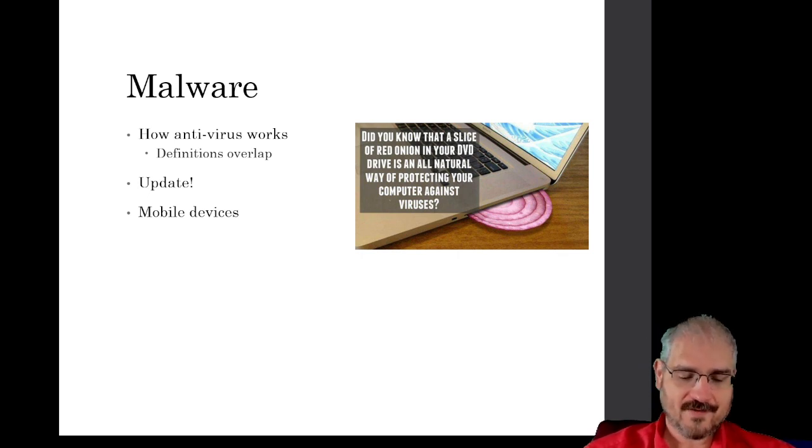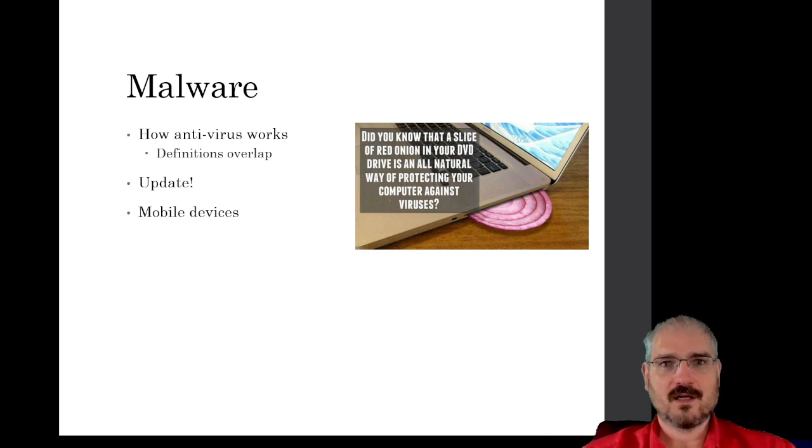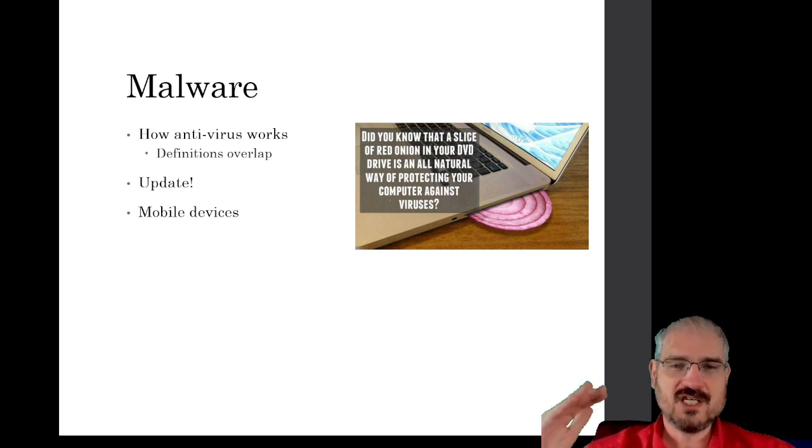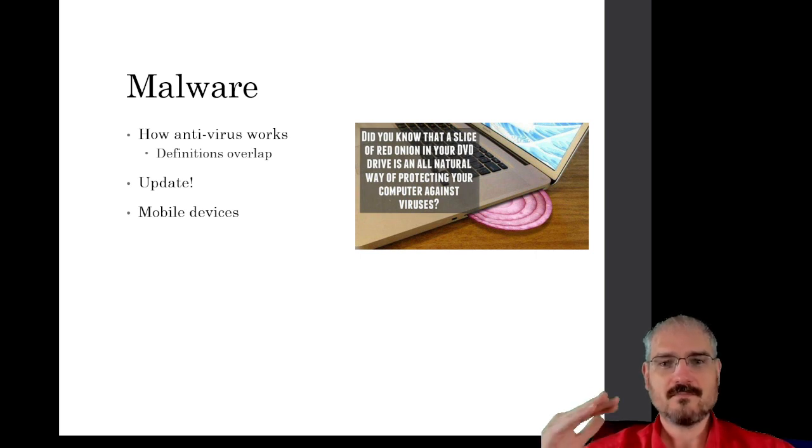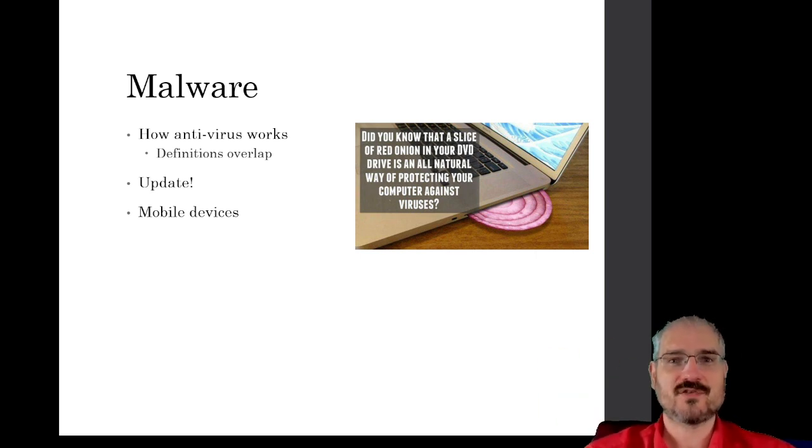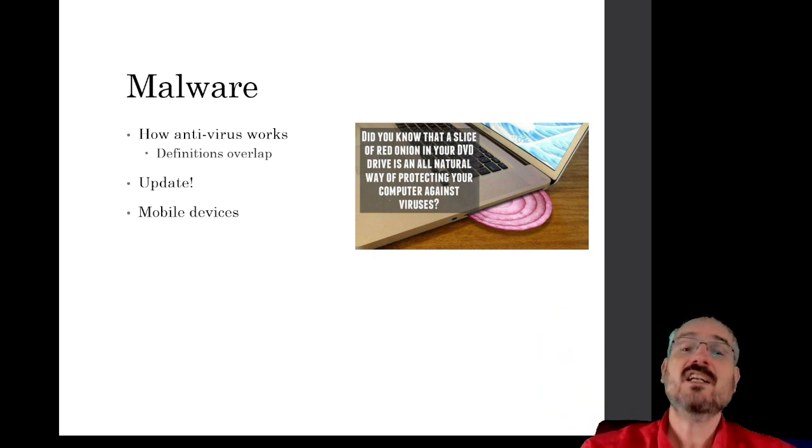Every antivirus company collects as much malware as they can, records the signatures for each piece of that software, and then puts out those definitions, those signatures, to all their users. And so every time you update your antivirus, you're getting all the signatures, the definitions, the identities of all the newest malware that's out there attacking computers.